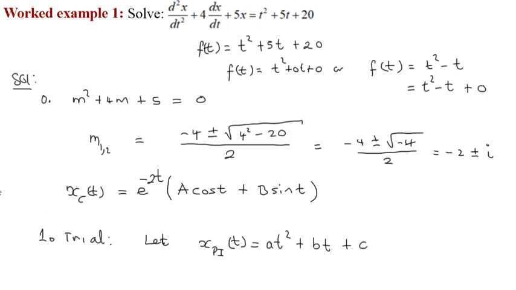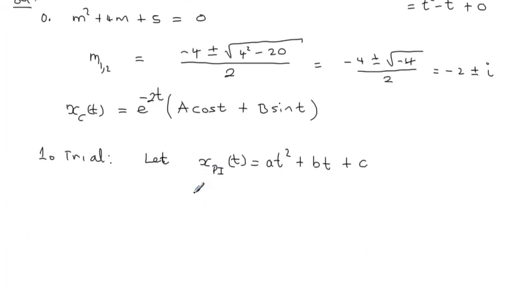Now moving forward, we assume that our particular integral is a solution to the differential equation. So what we're going to do now is get the first and the second order derivative of this function. Getting the first derivative, we'll say x prime, that will give us 2at plus b.